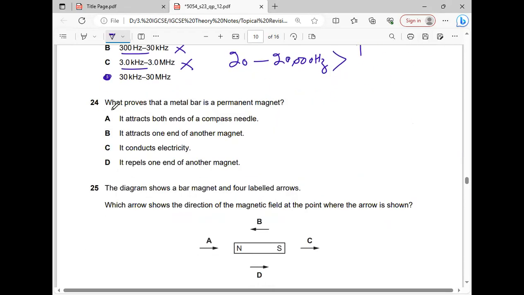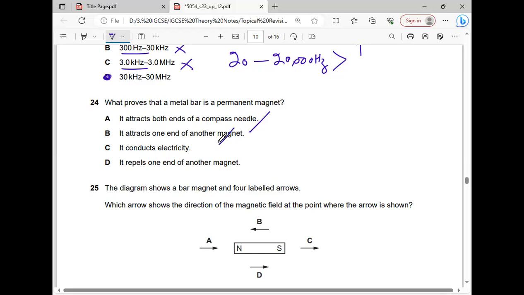Number 24. What proves the metal bar is a permanent magnet? It attracts both ends of a compass needle. It will definitely repel one end and attract another end. It attracts one end of another magnet.